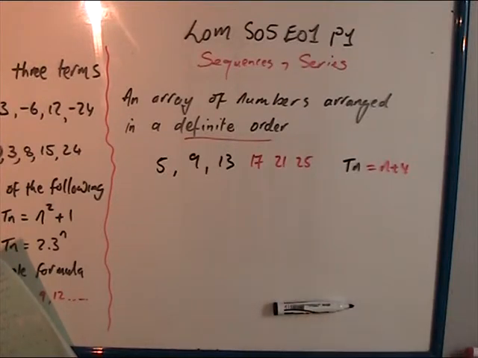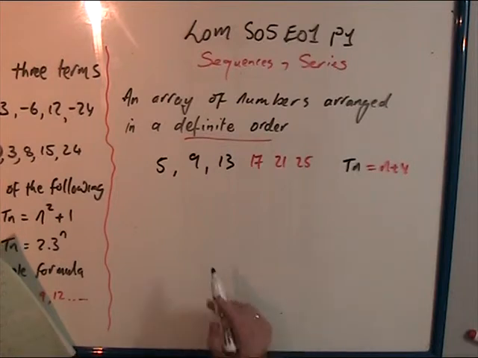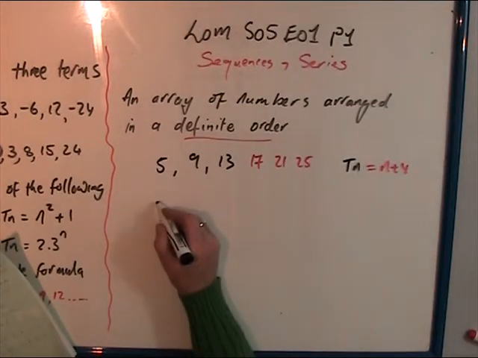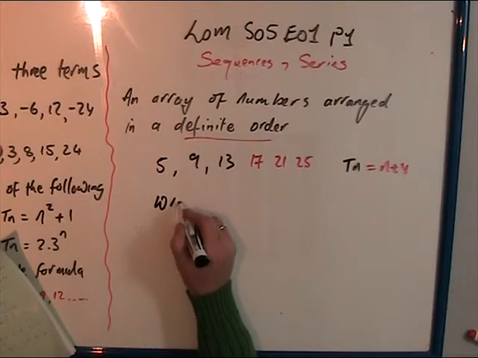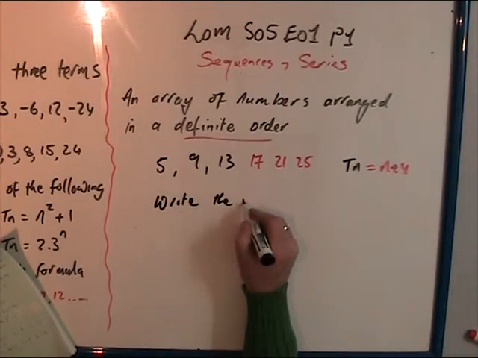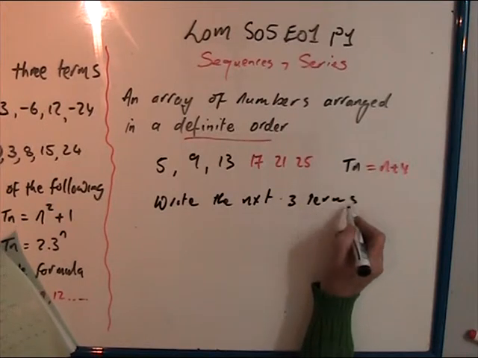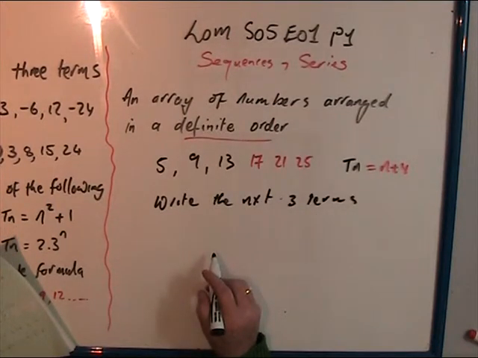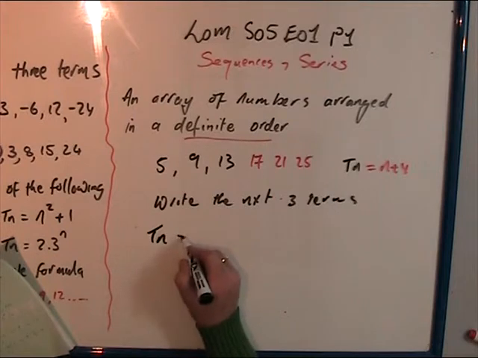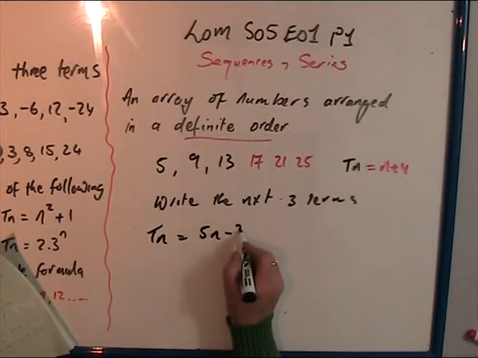Now, I'm going to write down the next 3 terms of the following sequences. We have Tn is equal to 5n minus 3.